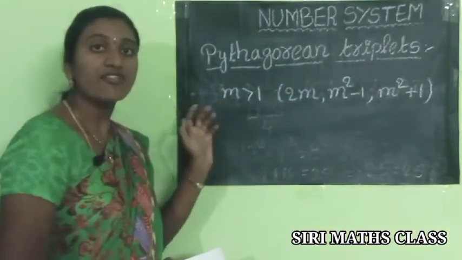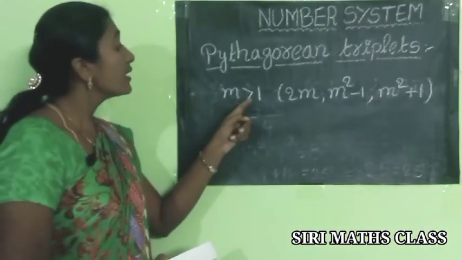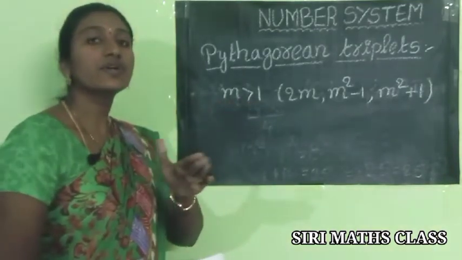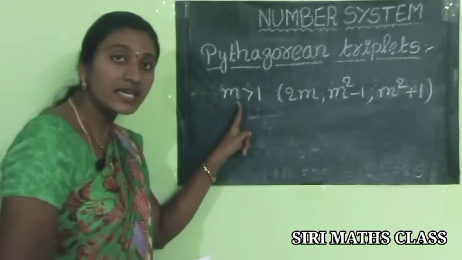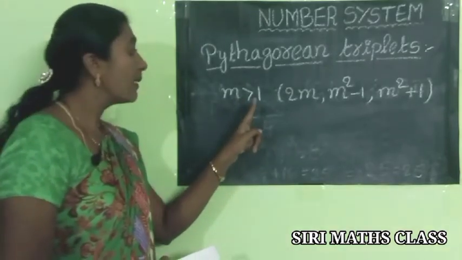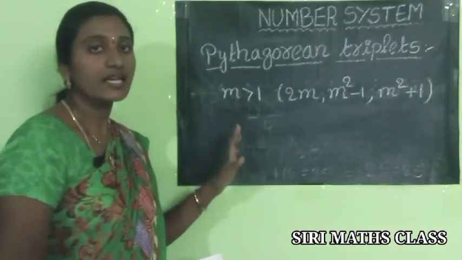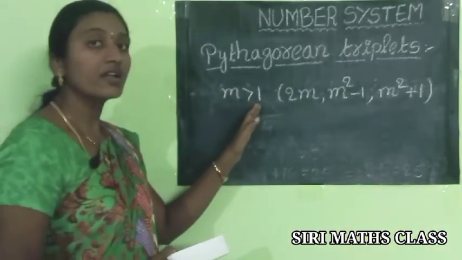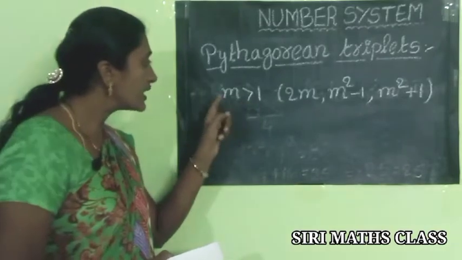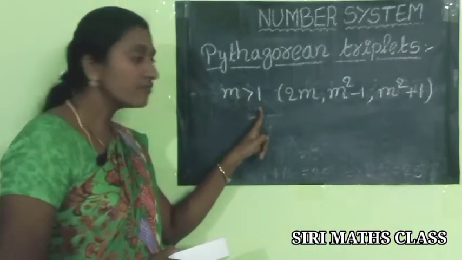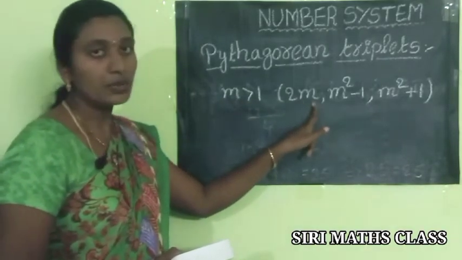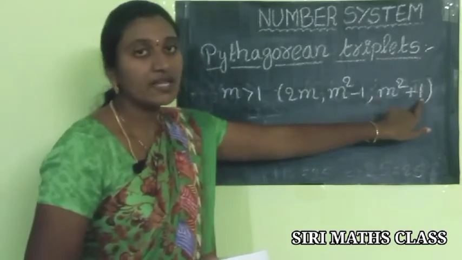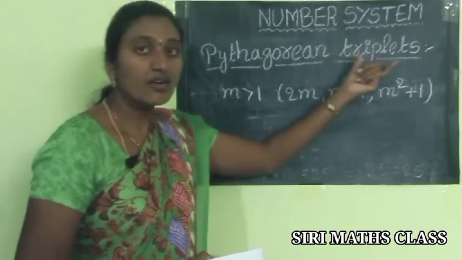What is the condition? M is greater than 1. Natural numbers start with 1, 2, 3 and so on, but here M is greater than 1, which means we can't take the value 1. We can take 2, 3, 4 and so on. The condition is M is greater than 1, and 2M comma M square minus 1 comma M square plus 1 is called a Pythagorean triplet.